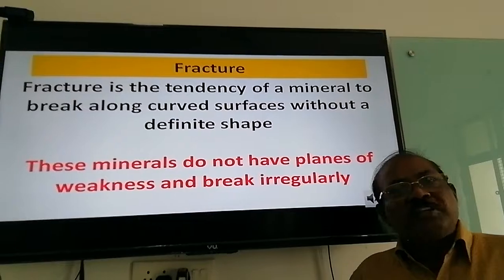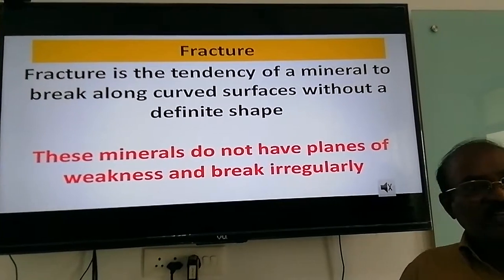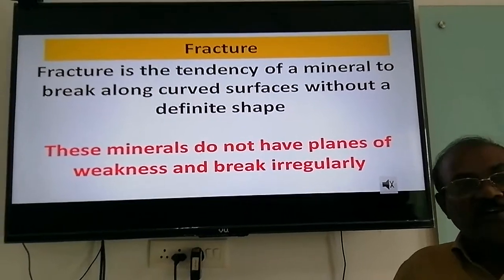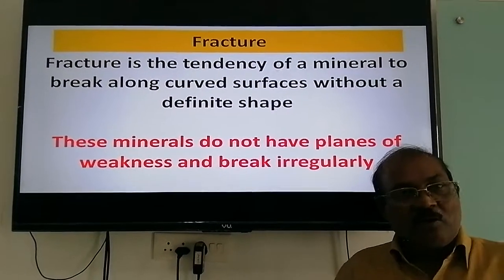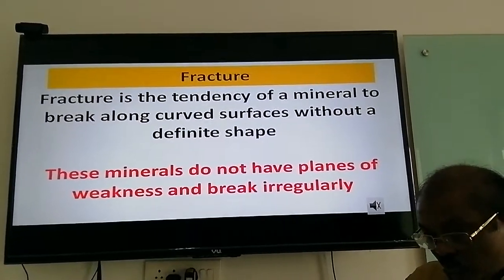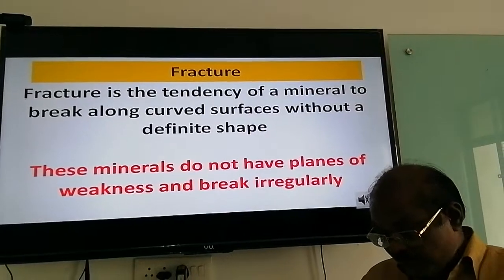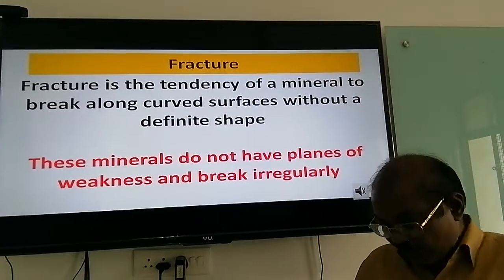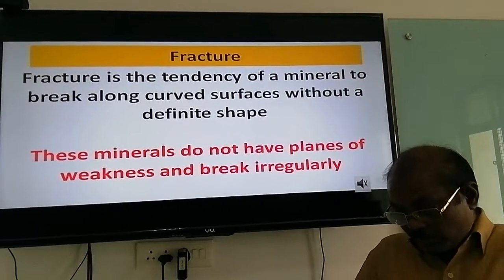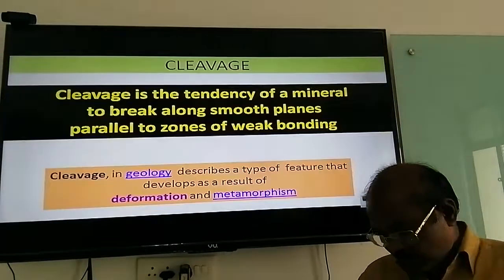Another physical property for minerals is fracture. Fracture is the tendency of a mineral to break along curved surfaces without a definite shape. So, the minerals do not have planes of weakness and break irregularly. Wherever there are no planes of weakness, it breaks irregularly.